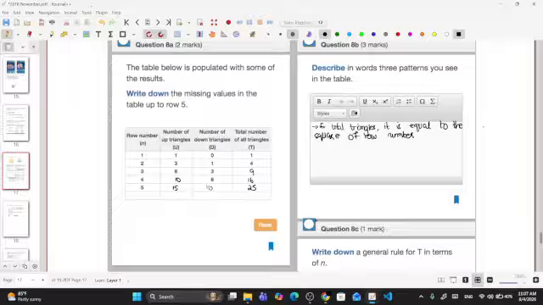If anyone was to write T equals n squared, the answer would have been considered wrong. The reason is that they are asking us in terms of words. Okay.